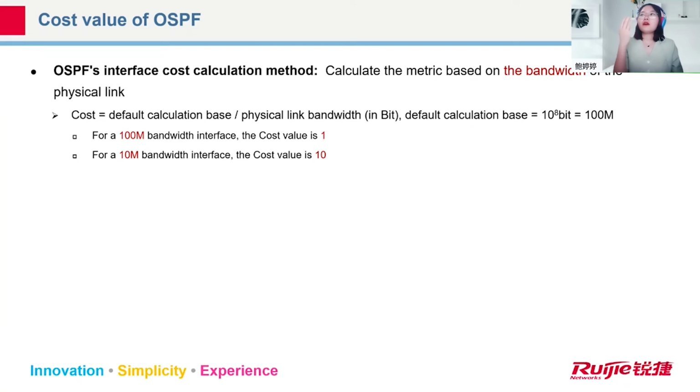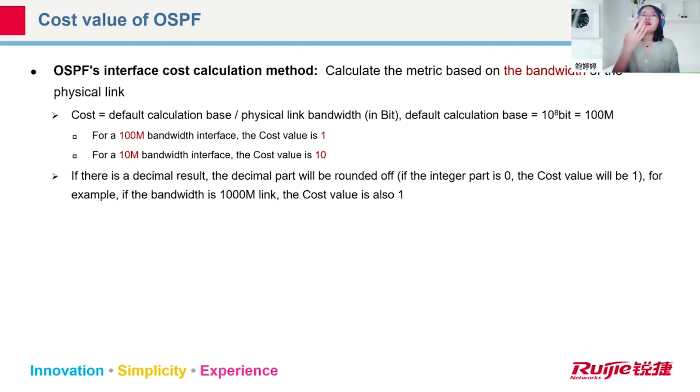That means if your data link bandwidth is 100 Mbps, finally the cost value will become 1. And if your bandwidth is 10 Mbps, the cost value will become 10. So if we compare these two paths, we will select the 100 Mbps to become the best path. So this is the formula to get the cost value.